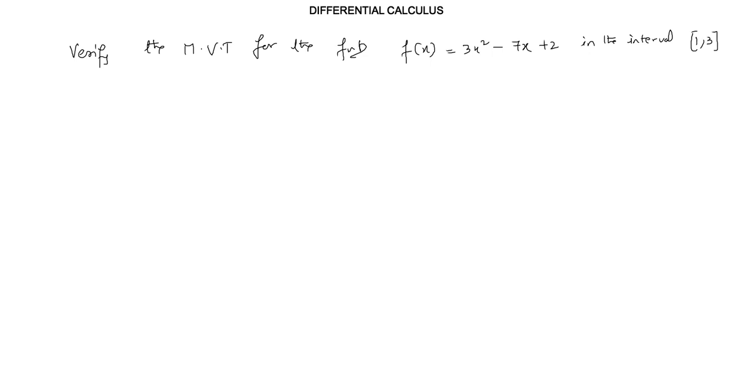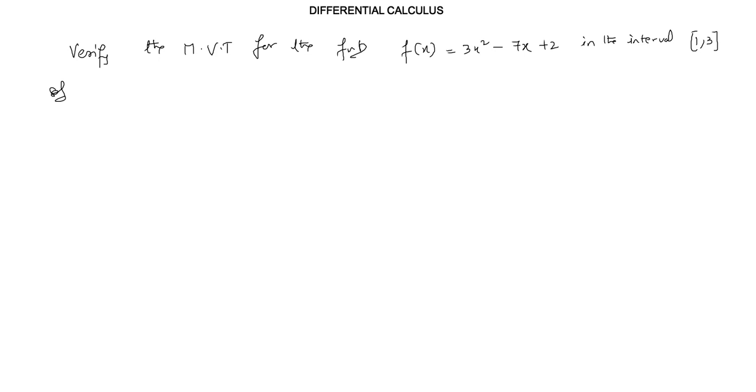Let us verify the mean value theorem for the function f of x, which is 3x squared minus 7x plus 2, in the interval (1, 3). Let's see the solution for this.